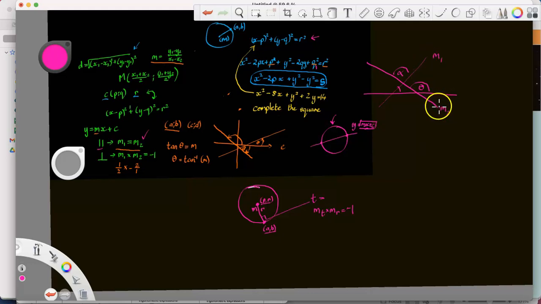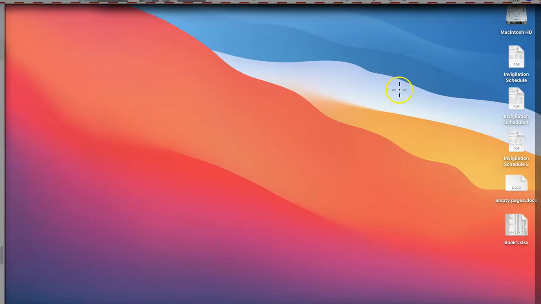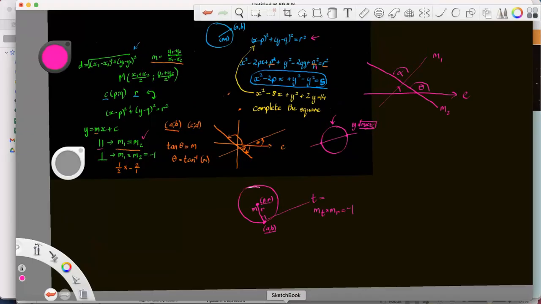If you know these two gradients, you can find the angle that they make with the positive x-axis, with the east axis. And so there we go. We can find those angles fairly easily. Now, if I have those angles, then I can use what I know about geometry. So, for example, in geometry, I know that that is also alpha because they are corresponding angles.